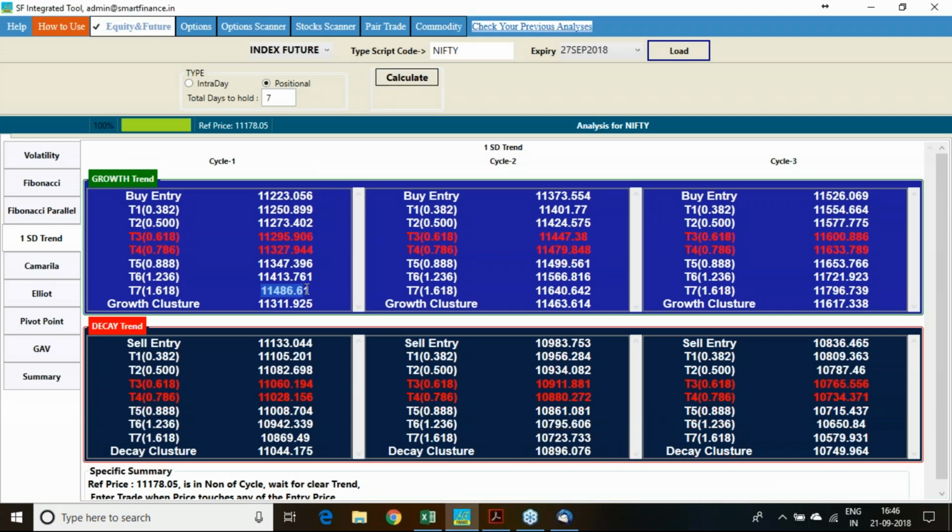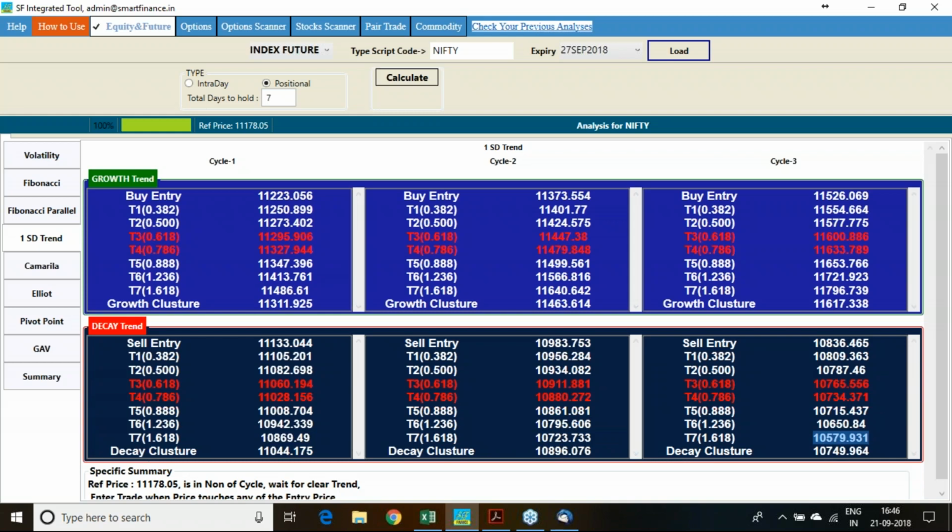First cycle till 11,487 of trend, till 11,640, till 11,796. Same way for the downtrend, 10,869, 10,723, 10,580. So these are the levels of the Nifty future for the coming week.